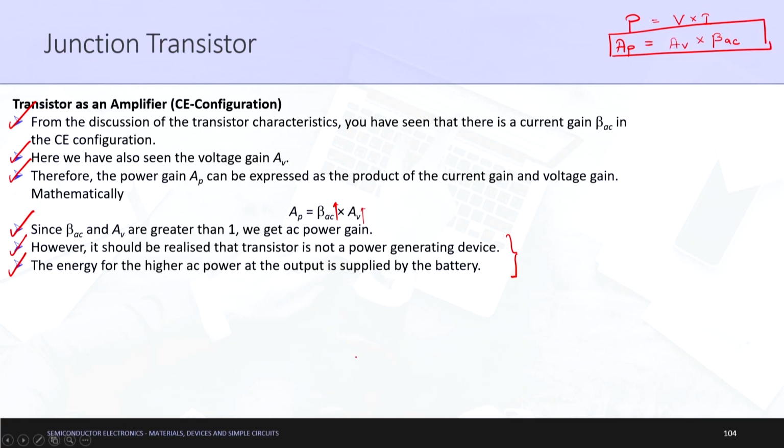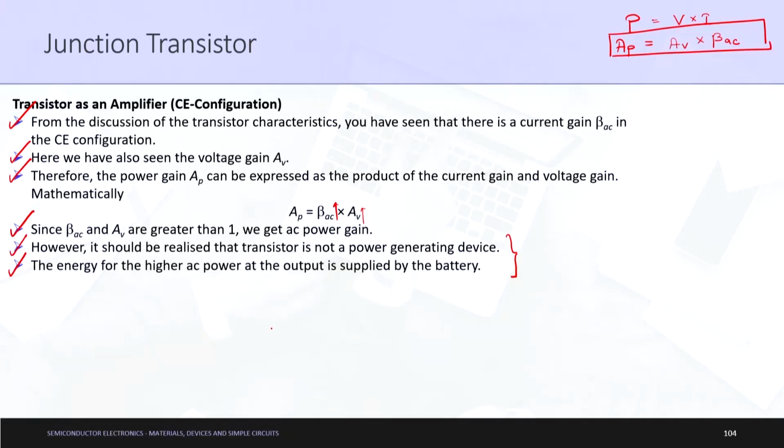The amount of power the new amplified output signal requires will come only from the battery EMF.